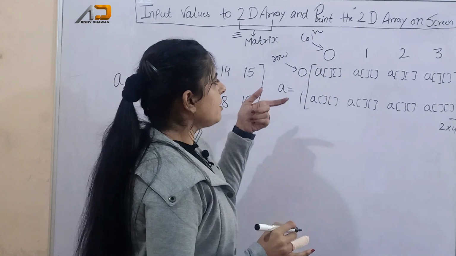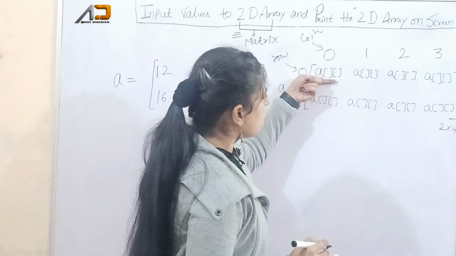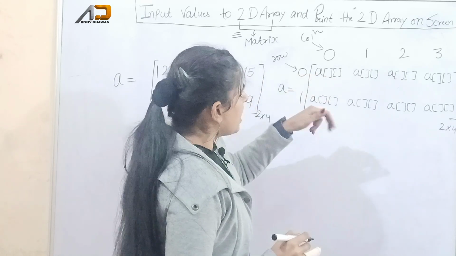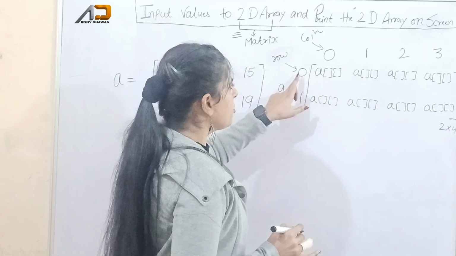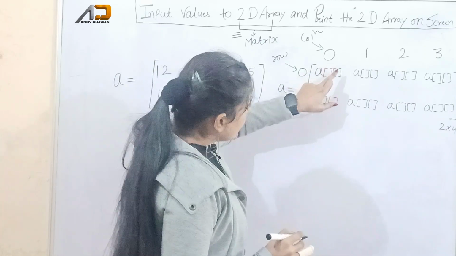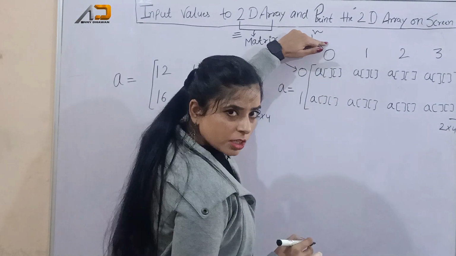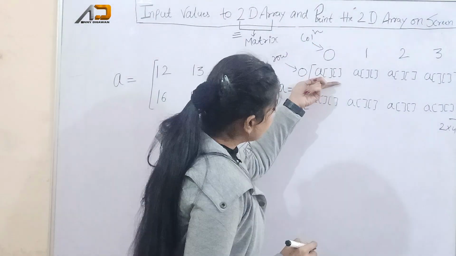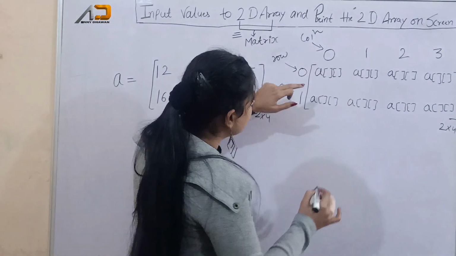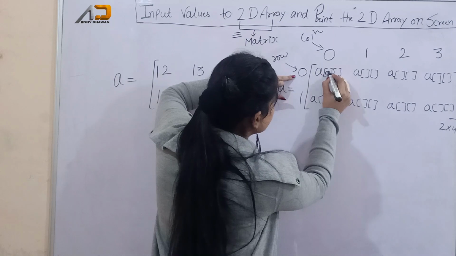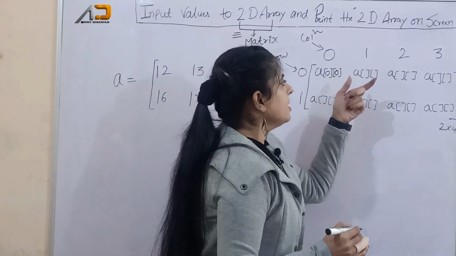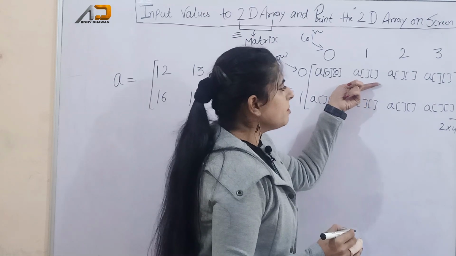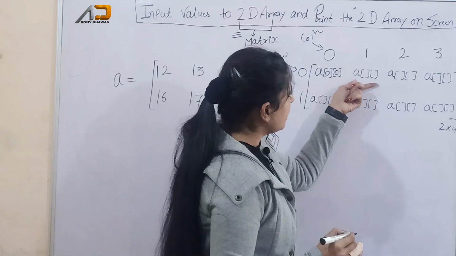So how can we write the position of this element? We already know that the first subscript points to the row index and the second subscript points to the column index. So what will be the position of this element here? That is row index 0 and column index 0. And in a similar way, what will be the position of this element here?